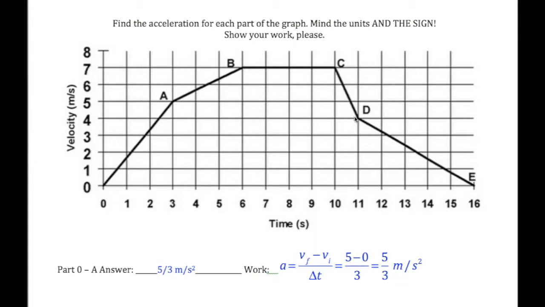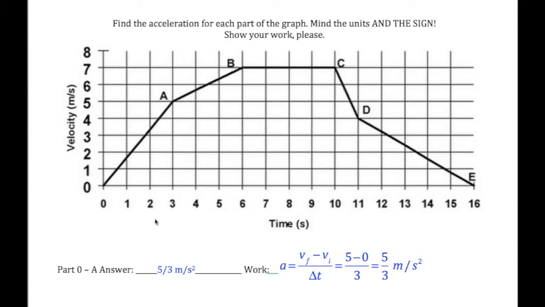Then from C to D, our speed starts dropping, from 7 to 4. And finally, it drops even more. You can think this is a lot of braking, and then just coming to a full stop with less braking. The question is to find the acceleration on each section.